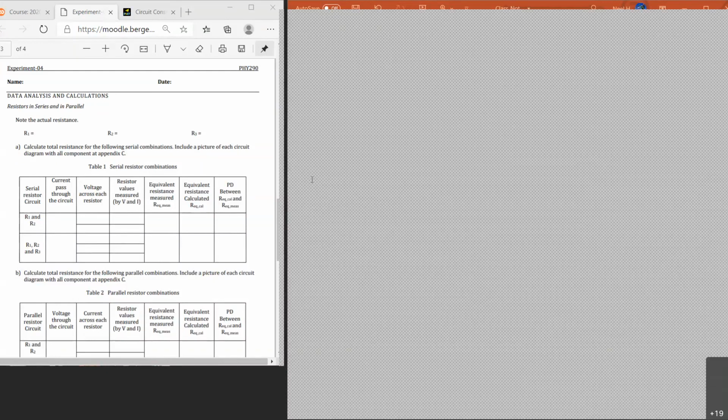R1, we are selecting 15 ohms. I'm going to use ohms here, but remember you can always put the ohm symbol by using the Insert button, then Symbol here. If you go into the symbol, you can easily insert the ohm sign, okay?